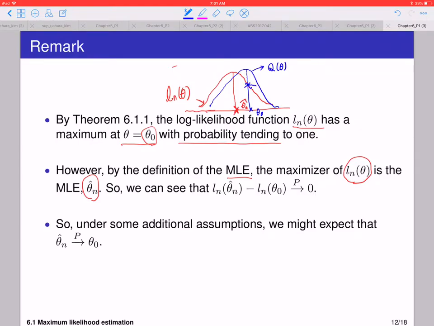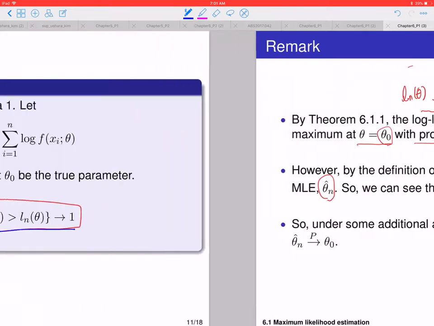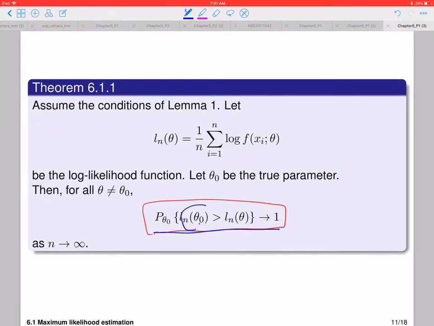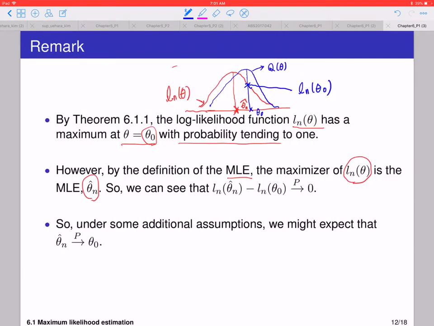This value is actually Ln zeta null, right? So Ln zeta null, this one, may not be the maximum, right?